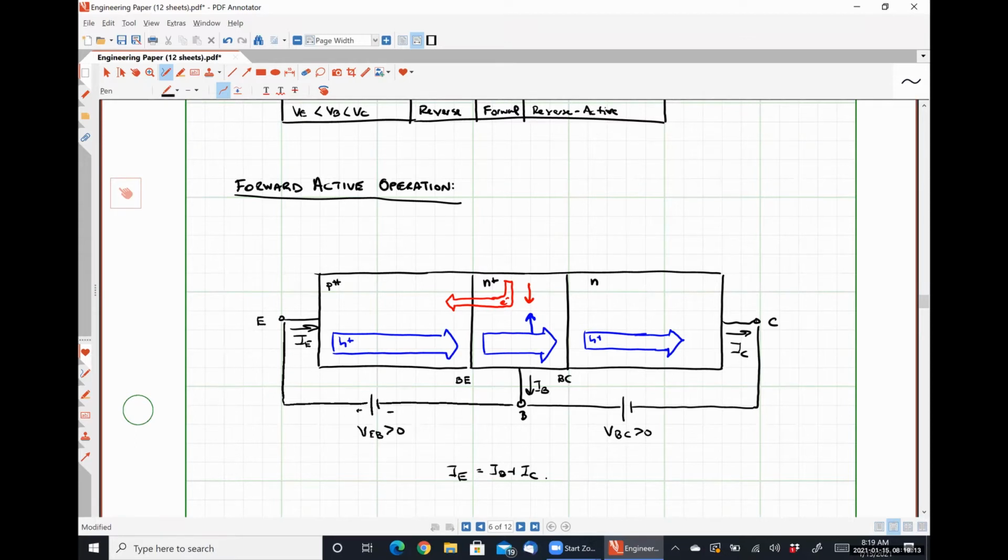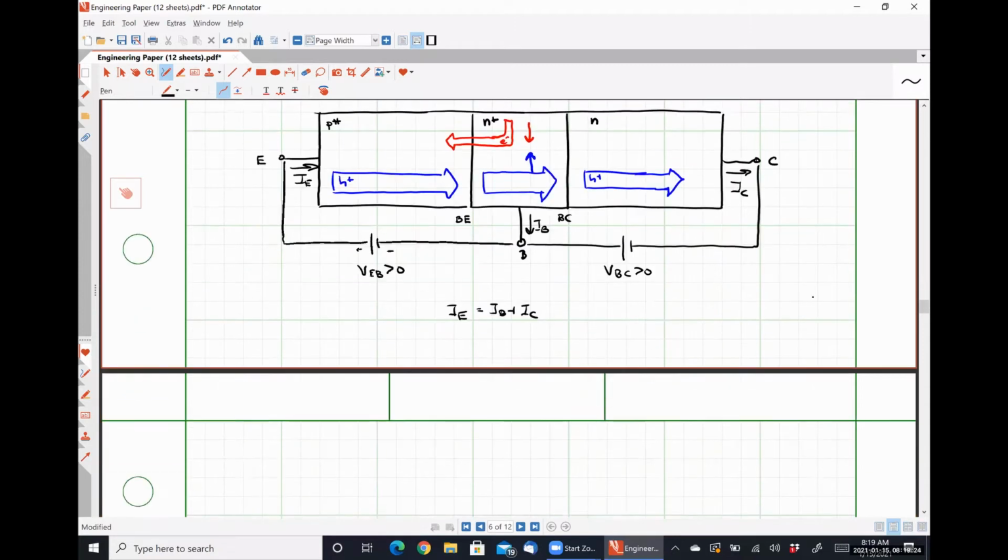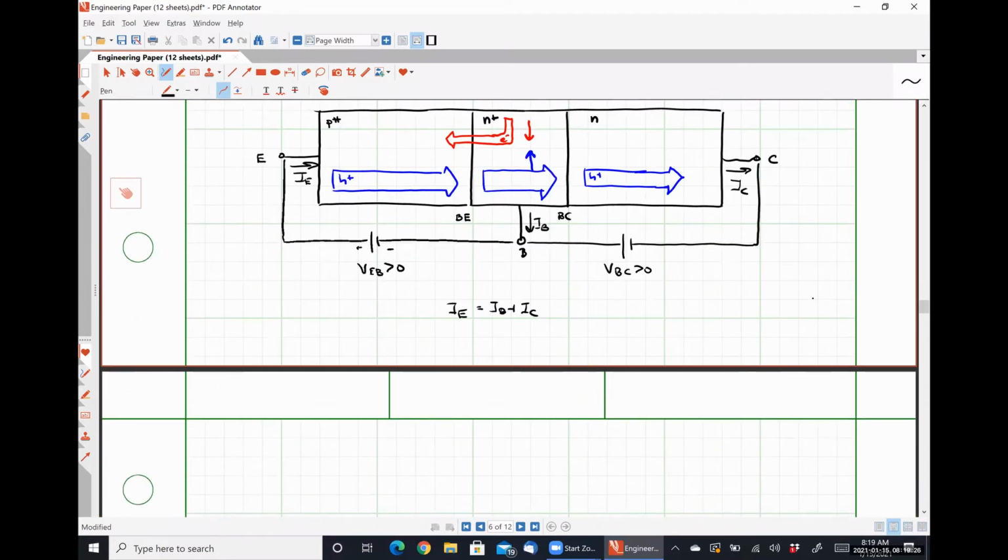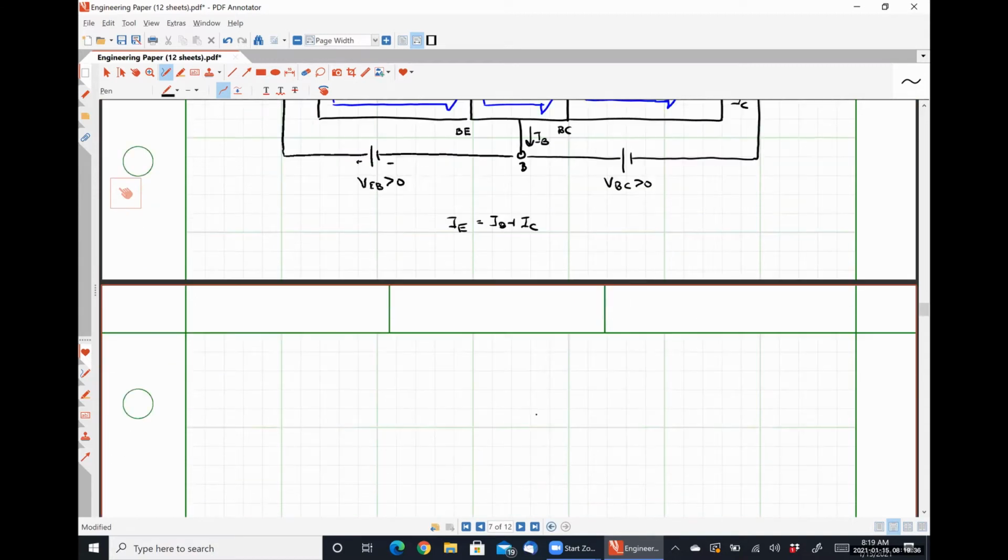It's just that all of the current directions are reversed because everything is now dependent on hole carrier transport as opposed to electron carrier transport. Since we have effectively the exact same situation, except holes are in charge of everything, and we've seen that our polarities for all our voltages are exactly opposite what they were before, we can easily develop our large signal model.